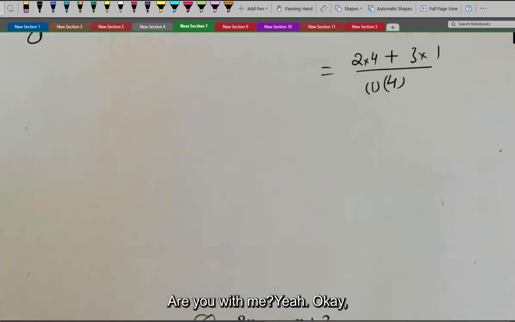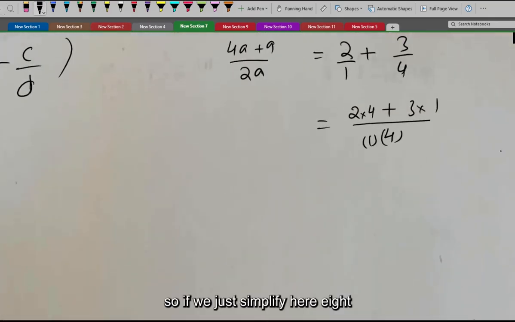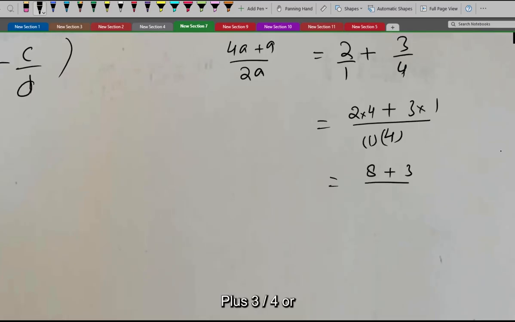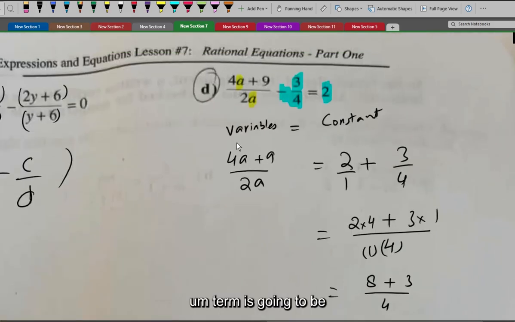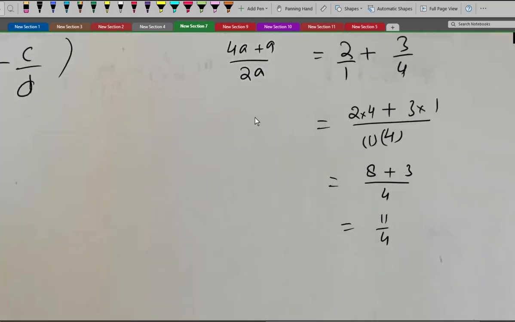Are you with me? Yeah. Okay. So if we just simplify here, 8 plus 3 over 4, or I just can write 11 by 4, and this whole term is gonna be repeated.